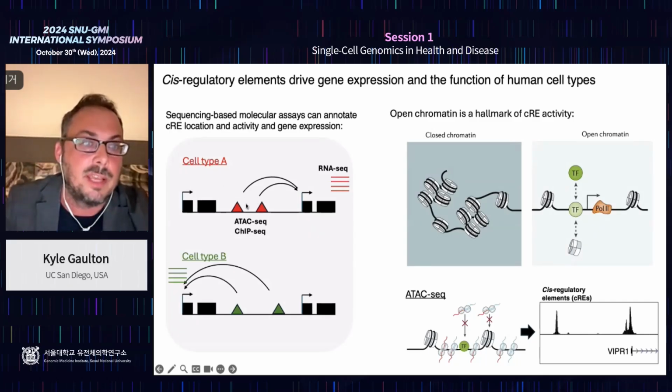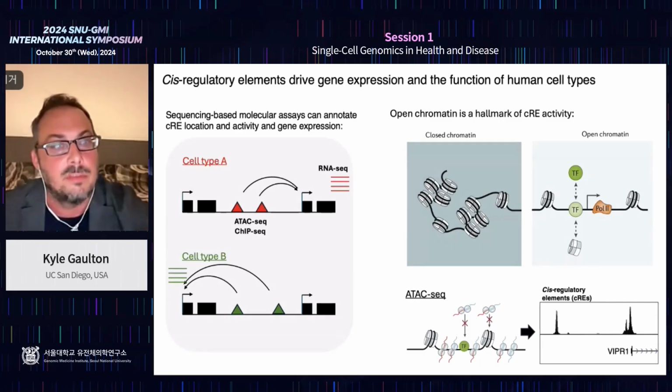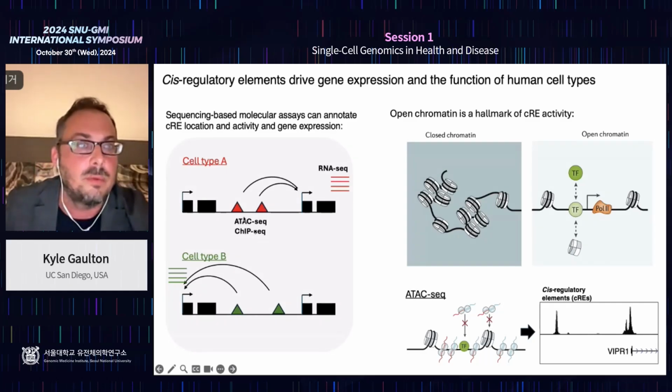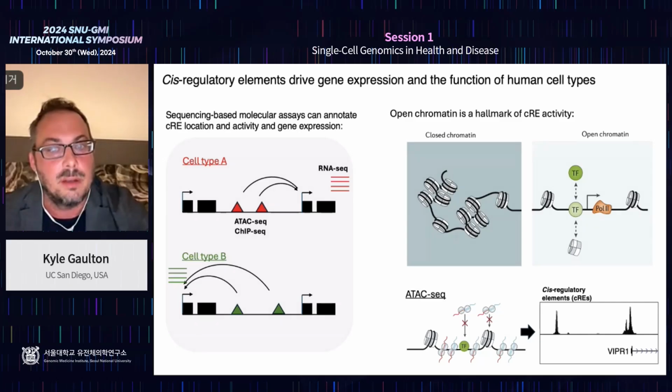And so every cell type will have a different combination of cis-regulatory elements that it uses to regulate gene activity. There's a variety of sequence-based assays that we use to annotate cis-regulatory elements, ATAC-seq, ChIP-seq, techniques that most of you have probably heard of, if not very familiar with.